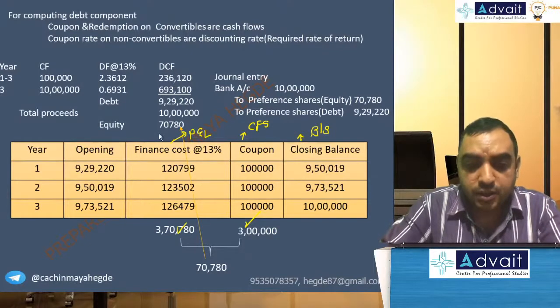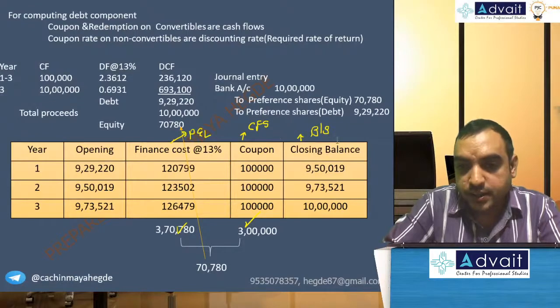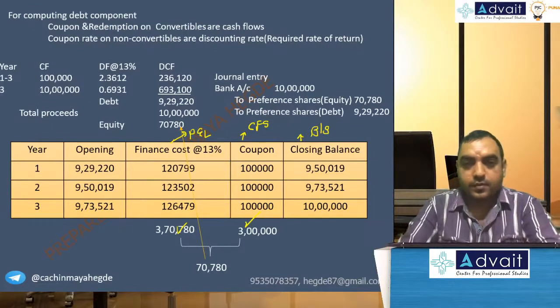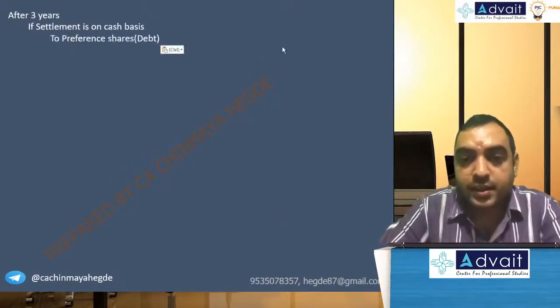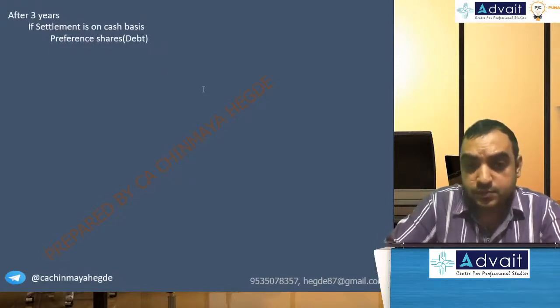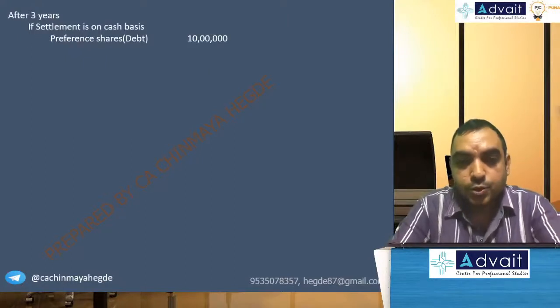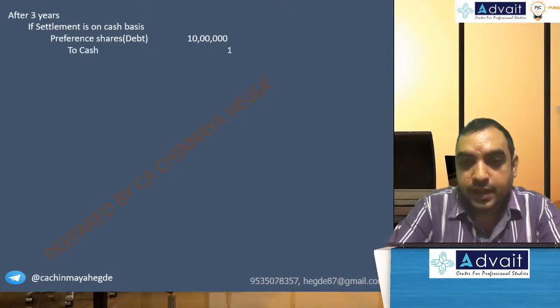So what will happen to the liability component, that is our preference share debt component? If settlement is on net basis, preference share debt component, you would have had 10 lakh by now, and you credit cash 10 lakh.